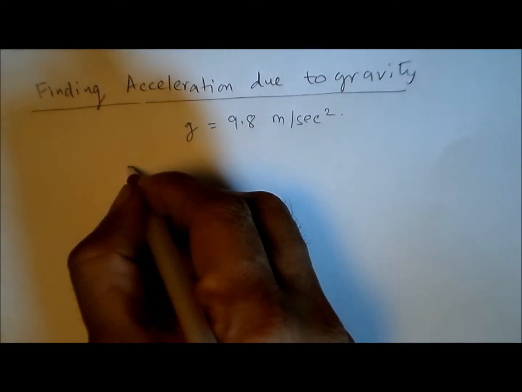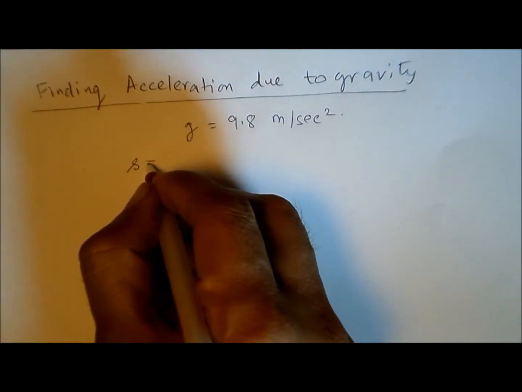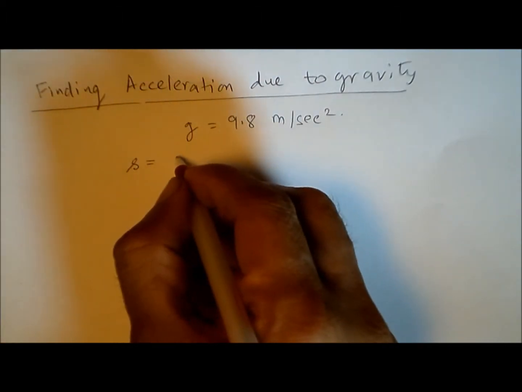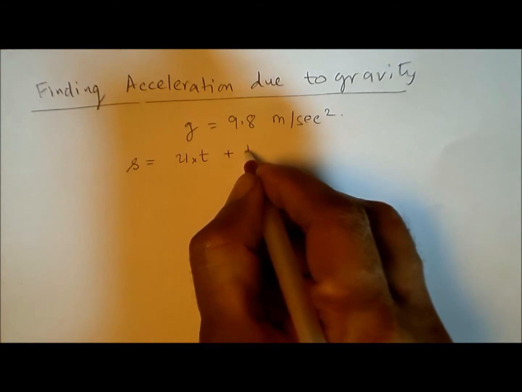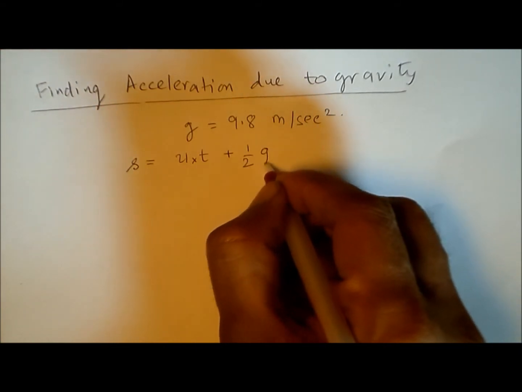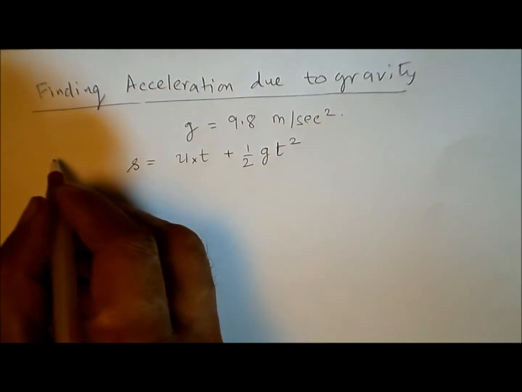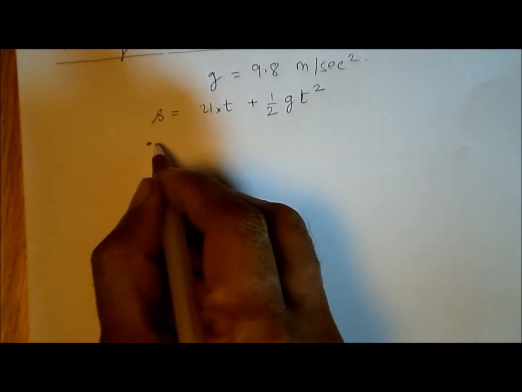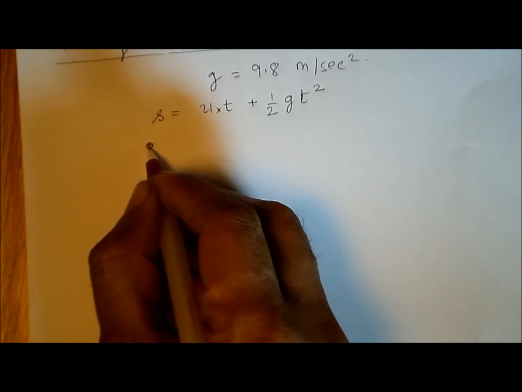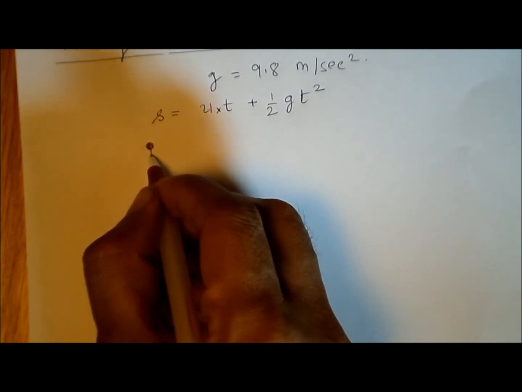The theory says that the distance covered in kinematics by a particle, s, is given by u multiplied by t plus half gt square. So basically, let's say a particle of some mass m is falling from a height, and it doesn't matter what the mass is.